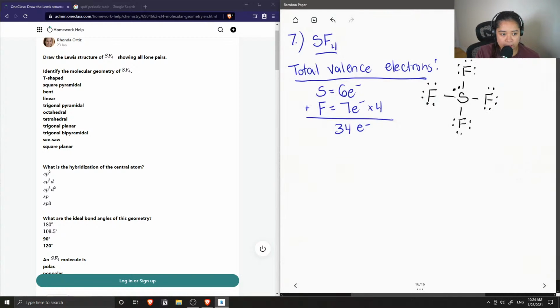So now let's try to analyze this Lewis structure to find out its molecular geometry, hybridization, and the bond angles. So the central sulfur atom contains 1 lone pair and 4 bonded atoms.